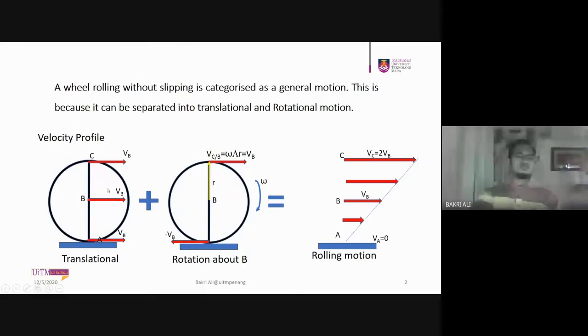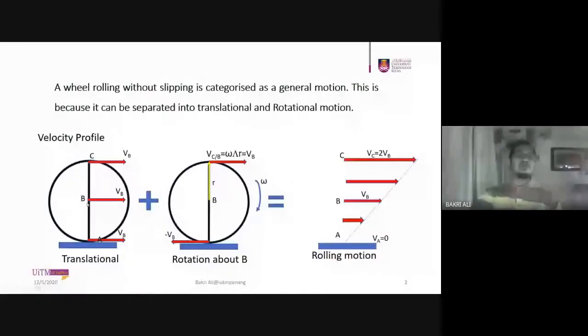Normally the velocity of our car or our motorcycle is based on the velocity of the center of the wheel, or we call it the hub, or the bearing, which connects the wheel to the car or motorcycle.